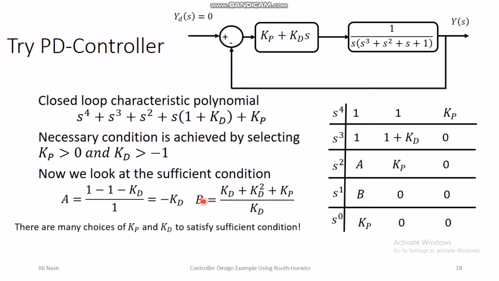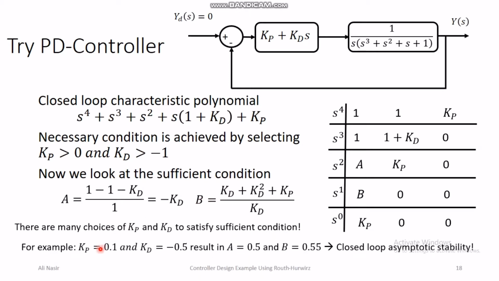For example, if you choose Kd to be minus 0.5, then the corresponding value of Kp turns out to be 0.1, which results in A being 0.5 and B being 0.55. So this achieves closed loop asymptotic stability.